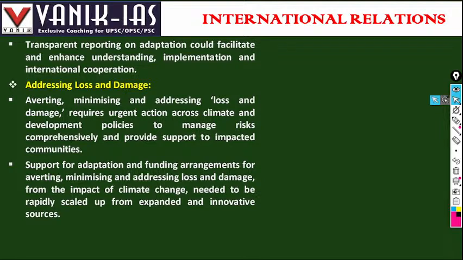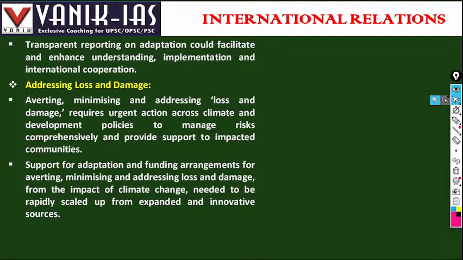Addressing loss and damage: averting, minimizing, and addressing loss and damage requires urgent action across climate and development policy to manage risk comprehensively and provide support to impacted communities.